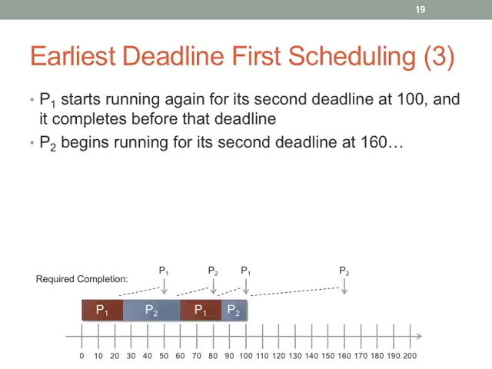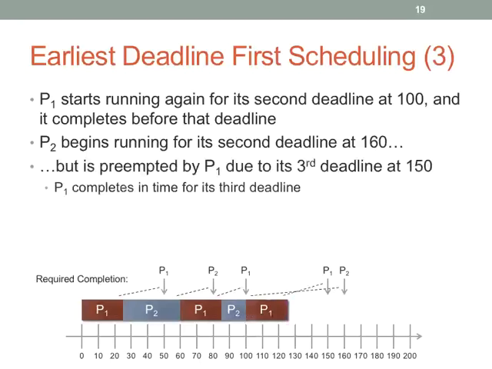And then we enter P1's third window. Now, where does P1's third deadline sit? 150, right? So we have 160 for P2, we have 150 for P1. P1 should now be highest priority. So we enter P1's window, but P1 is closer to its deadline than P2 is, so we can go ahead and preempt P2 and start running P1.